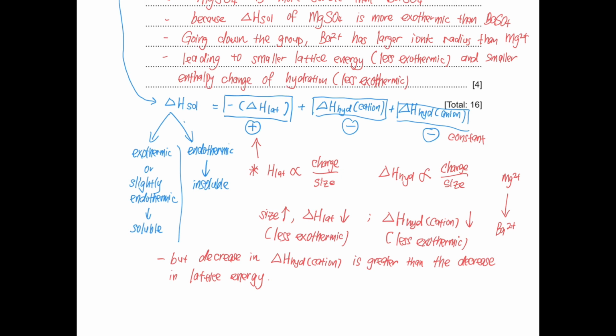So how do we know that? You can look at the periodic table as your reference. If you just look at the relative atomic mass alone, we can roughly figure out that magnesium 2 plus is 24.3, barium 2 plus is 137.3. So if you look at the cation alone, the mass increased by about 6 times.